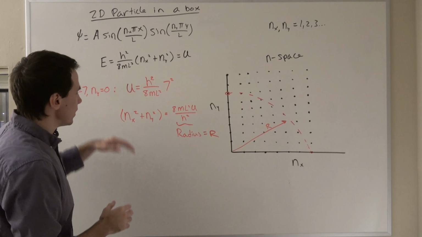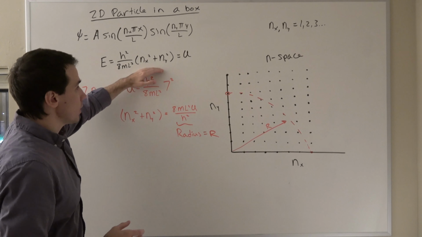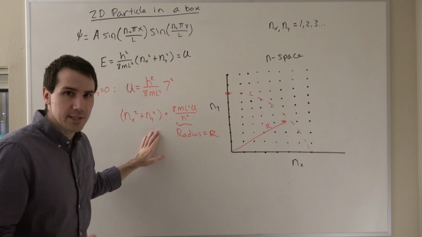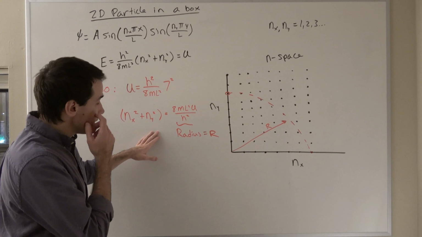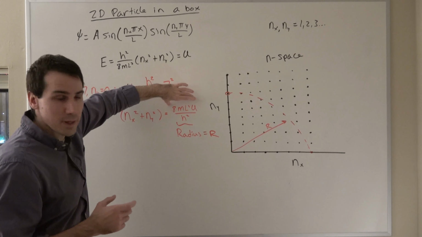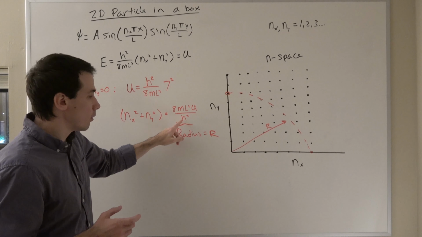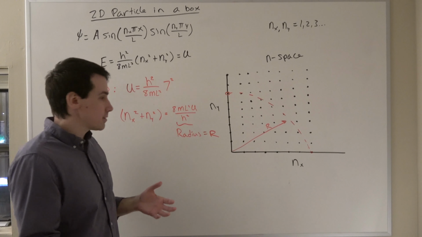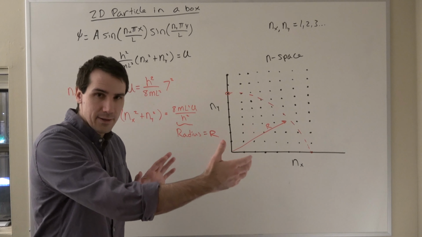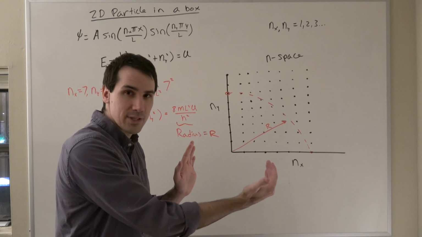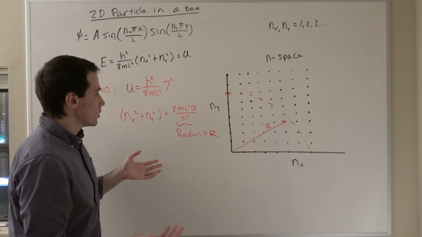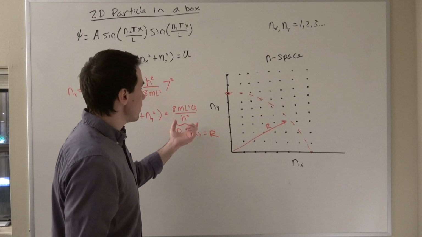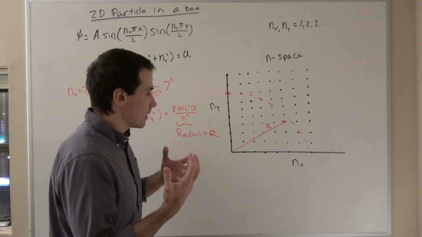what we can do is rearrange this equation to solve for nx squared plus ny squared. In this case, everything on the right side of my equation, 8mL squared U over h squared, is constant because we've chosen energy to be a constant. L is the length of the side of my box, so that's not changing. m is the mass of my particle, that's not changing. So everything on the right side of this equation is a constant.